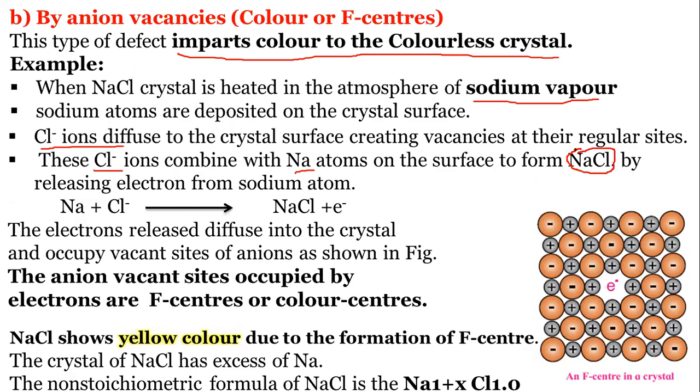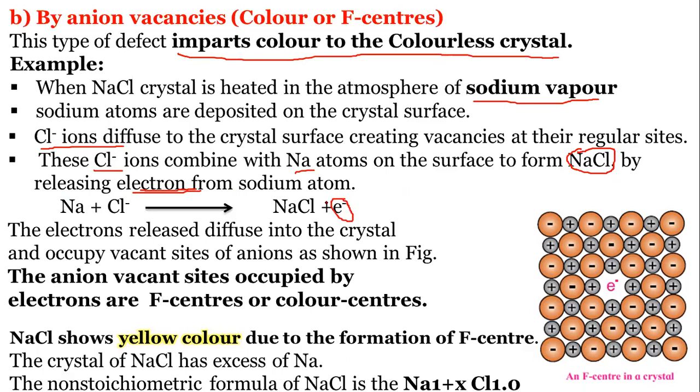Sodium particles are already deposited on the crystal surface. The Cl- also diffuses to the crystal surface, creating vacancies, and NaCl is formed. This NaCl is formed by releasing one electron from the sodium atom, as shown here.